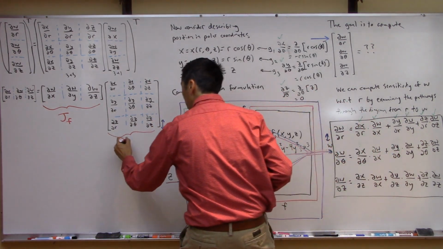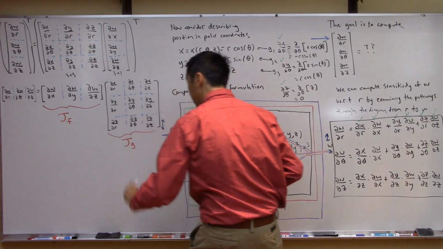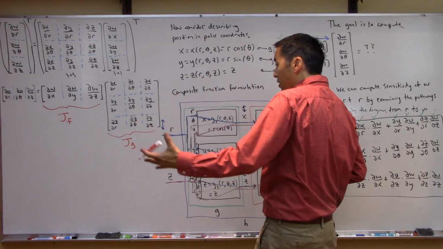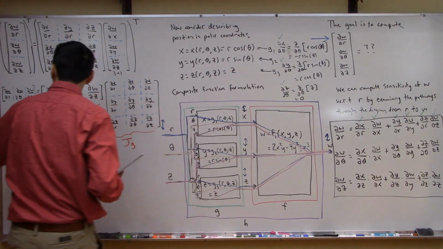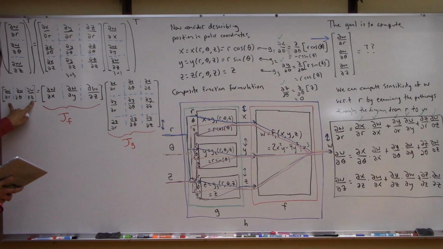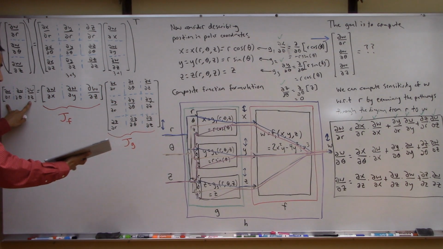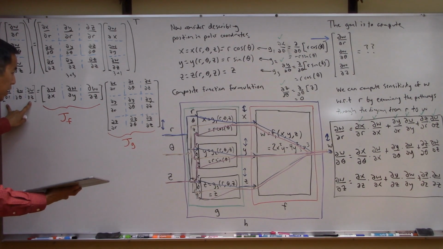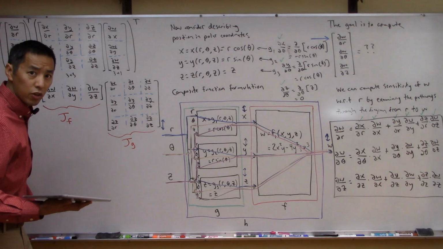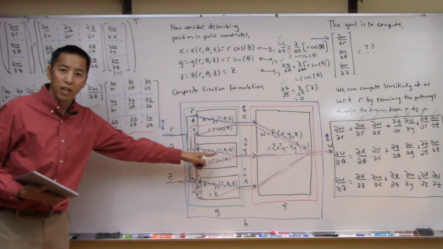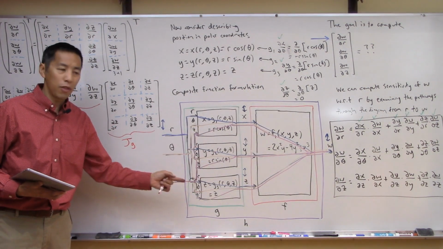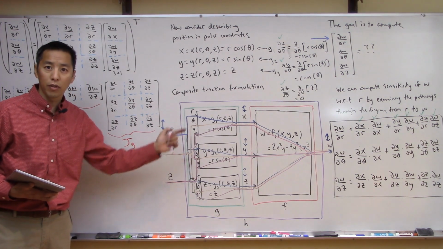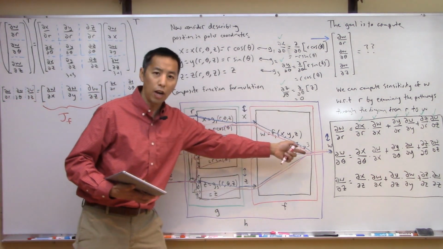So this is the Jacobian of G, right? So this is awesome. What we're getting at is the sensitivities or the slopes of the entire composite function. It's nothing more than the product of these two Jacobian matrices, right? So this is a way cleaner way to get at it. And it's basically capturing every single pathway of every single input variable to every single intermediate variable to every single output variable.